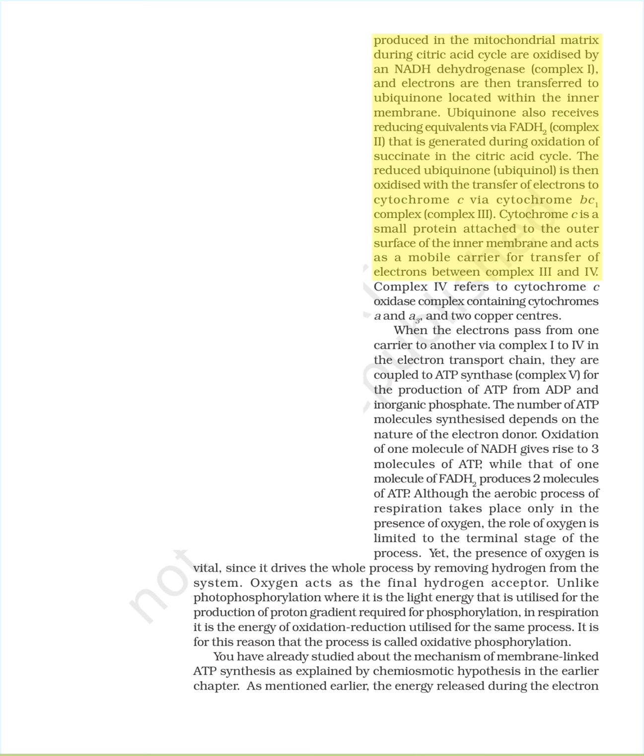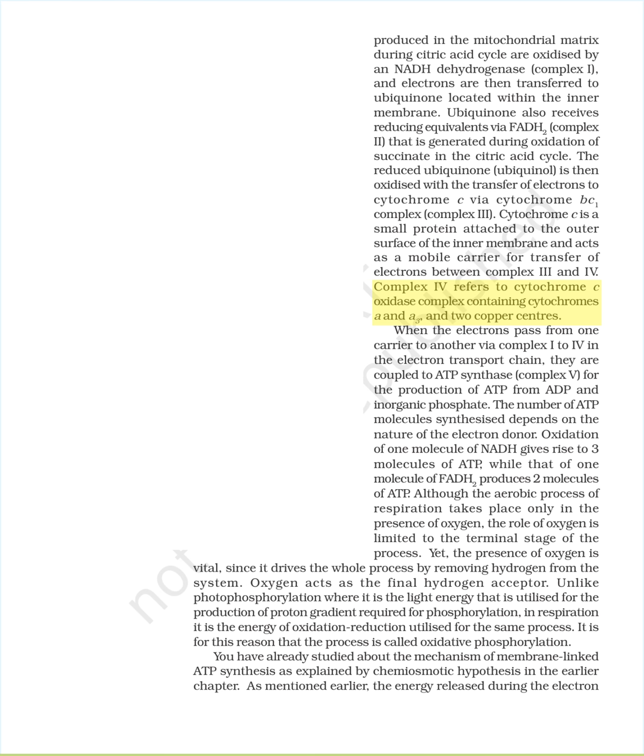Ubiquinone also receives reducing equivalents via FADH2 (complex II) that is generated during oxidation of succinate in the citric acid cycle. The reduced ubiquinone (ubiquinol) is then oxidized with the transfer of electrons to cytochrome c via cytochrome bc1 (complex III). Cytochrome c is a small protein attached to the outer surface of the inner membrane and acts as a mobile carrier for transfer of electrons between complex III and IV.